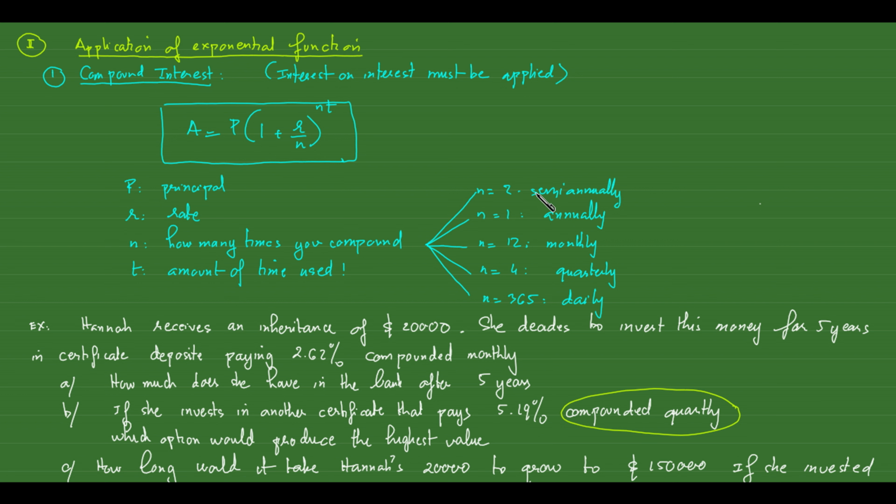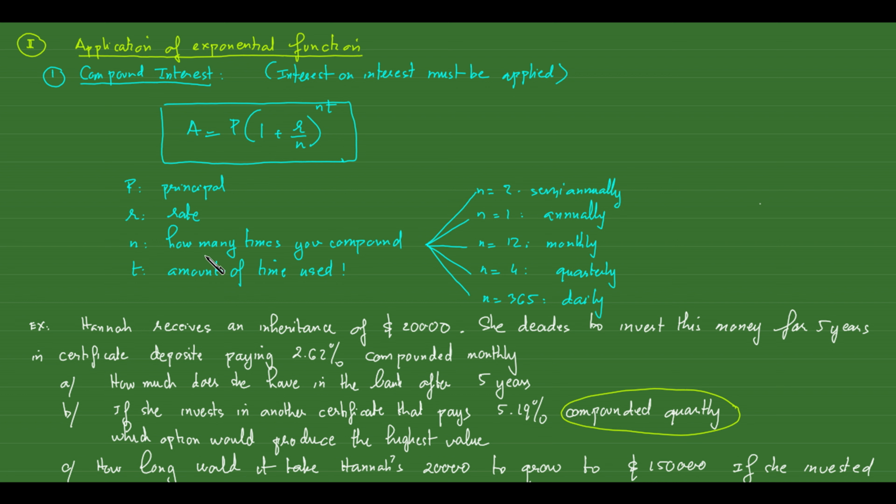So n could be 2 for semi-annually, meaning you compound twice per year, 1 for annually, 12 for monthly, 4 for quarterly, and 365 for daily. And the P value tells you the principal, meaning the amount you put in the bank or into a certain investment, and r is the interest rate.